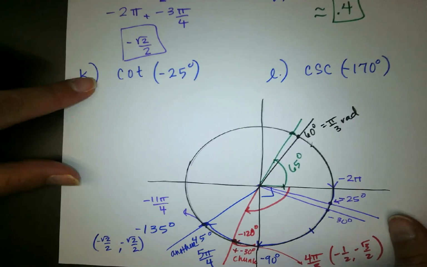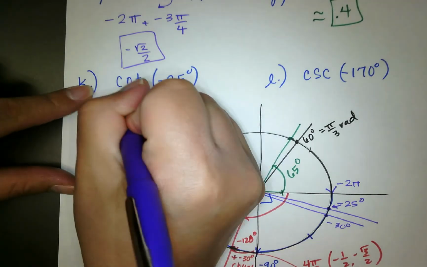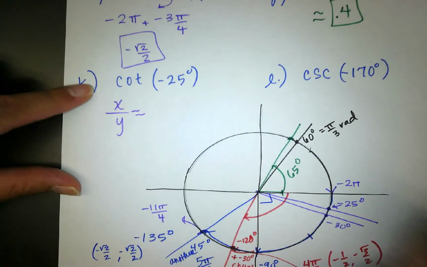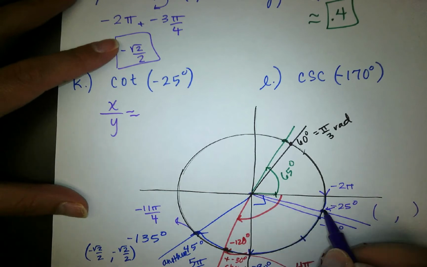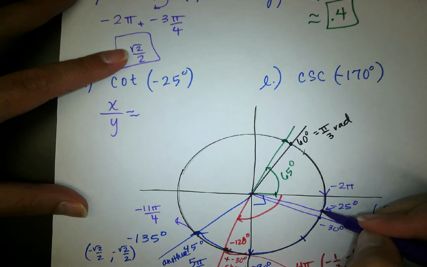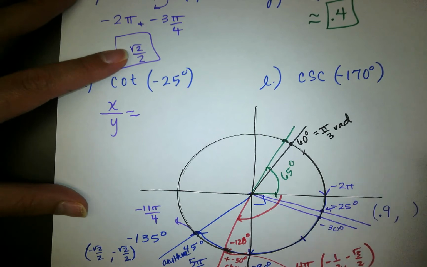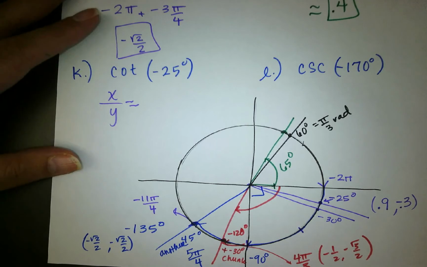Alright, so we want the cotangent of negative 25 degrees. That's the x over the y. So let's get this approximate point here. On the x-axis, if you go to the right, that's about 0.9. That's positive going to the right. And down is maybe about 0.2, 0.3. And you went negative. It's an approximation, that's fine.